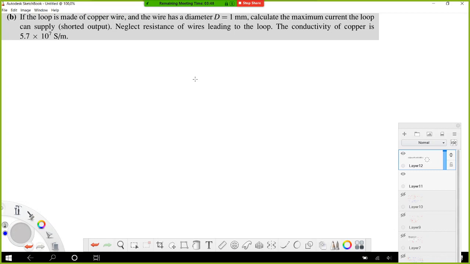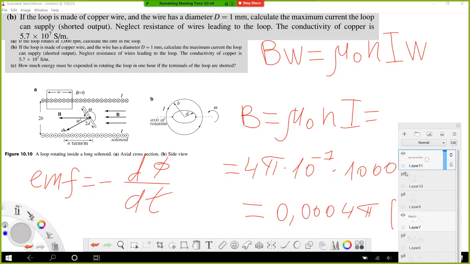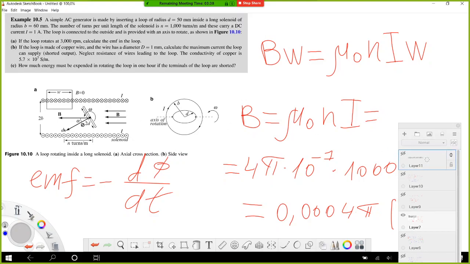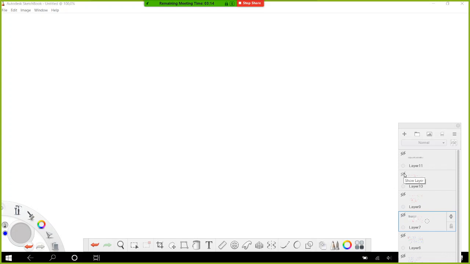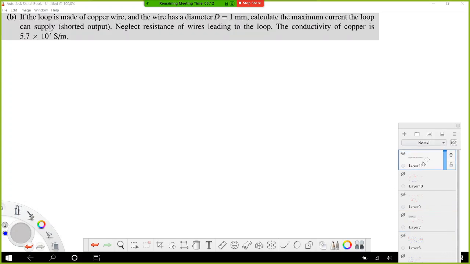In other words, let me show you the picture here. If our loop is made of copper wire, how much electric current can flow through our loop in this case.